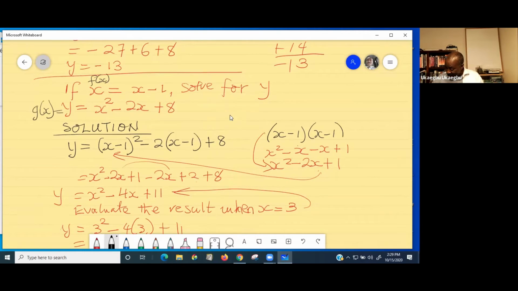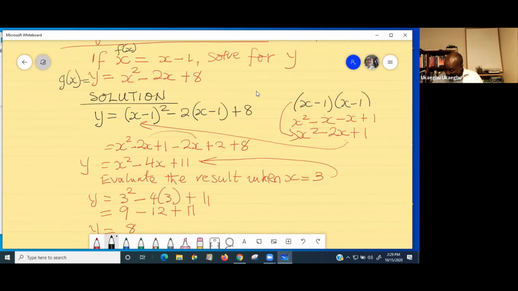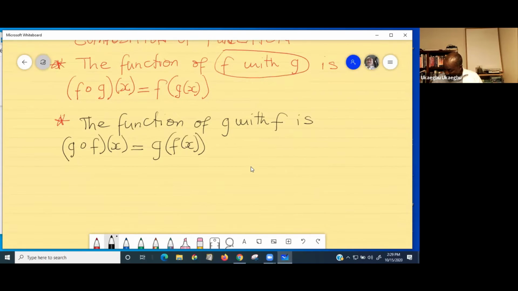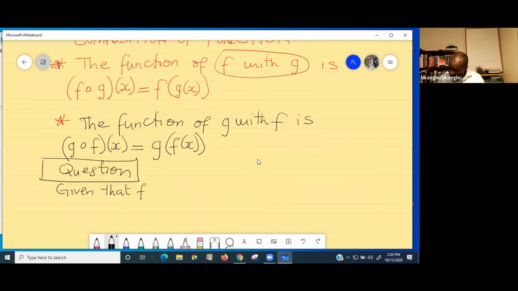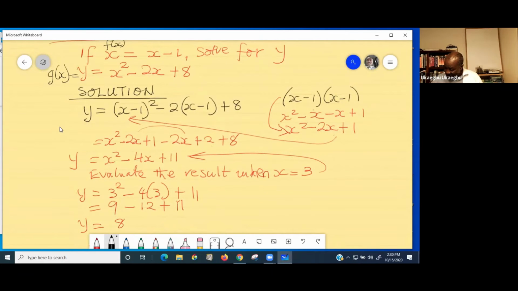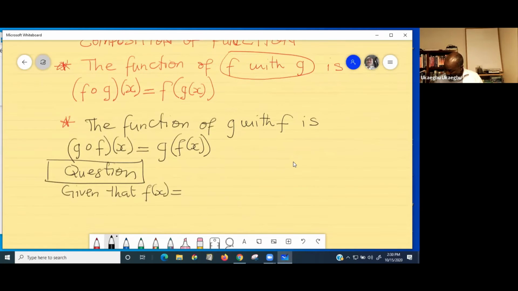So now, here's how they frame the question. Just take note of the f of x and g of x, because I'm going to scroll this up. Question: given that f of x is, give me the value of the f of x up there. I'm using just the same numbers, so it should be x minus 1.